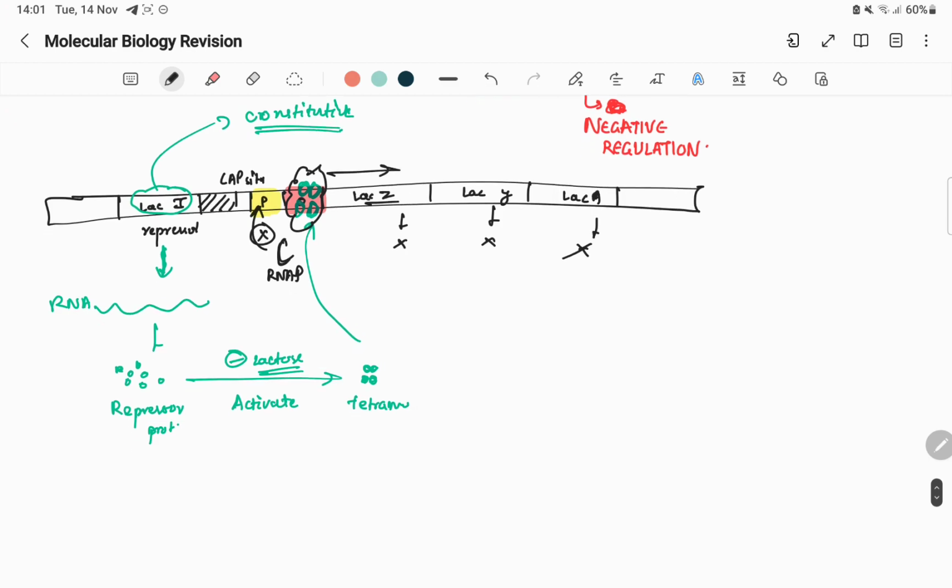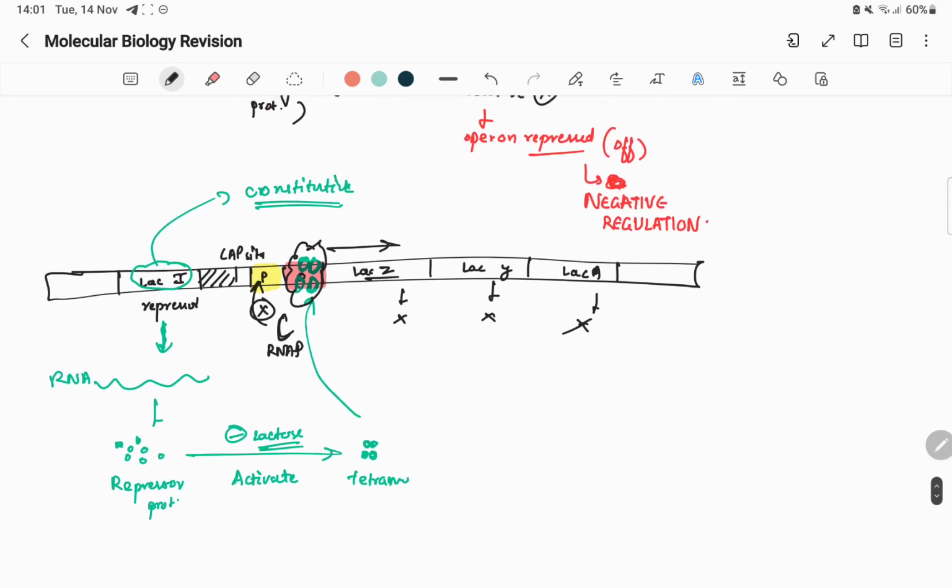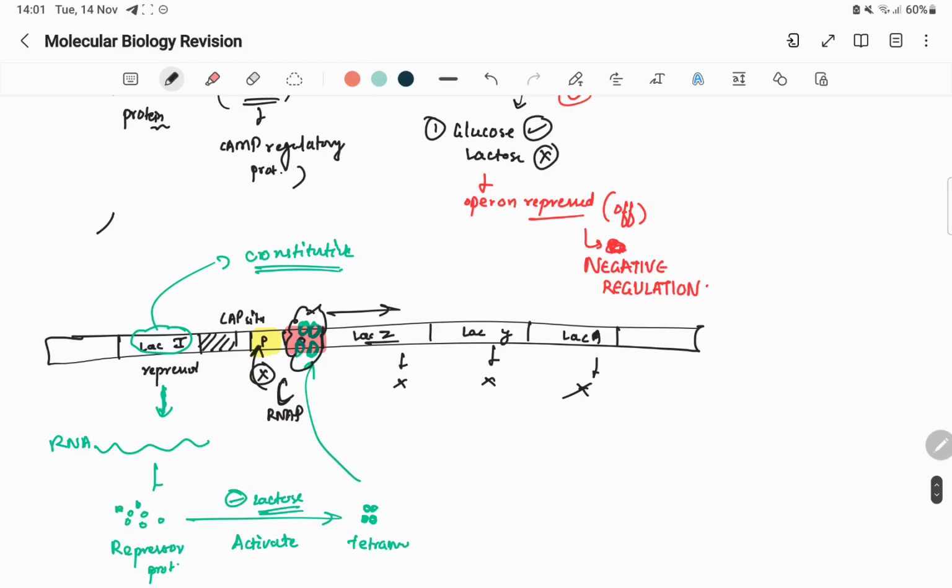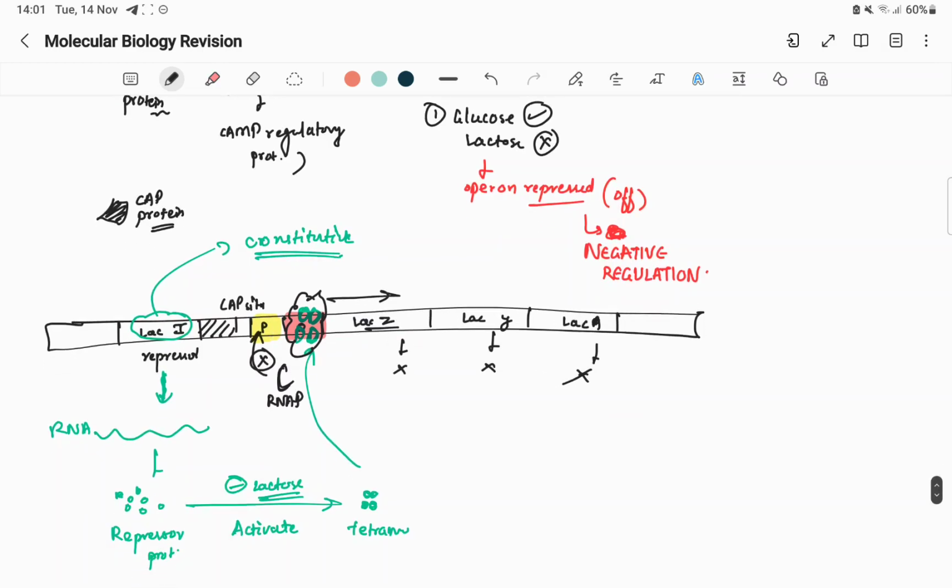Okay, understood? Then what is the role of CAP here? This is the CAP protein, the catabolite activator protein. Glucose is present. As glucose is present, adenyl cyclase is inactive here, so CAP protein is present in the unbound form.